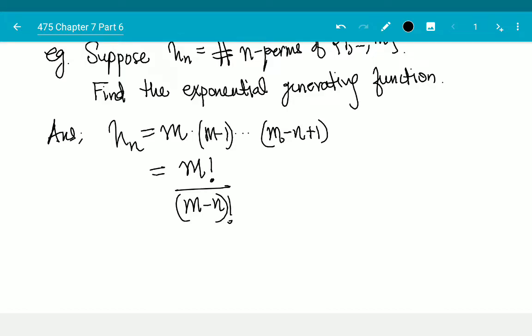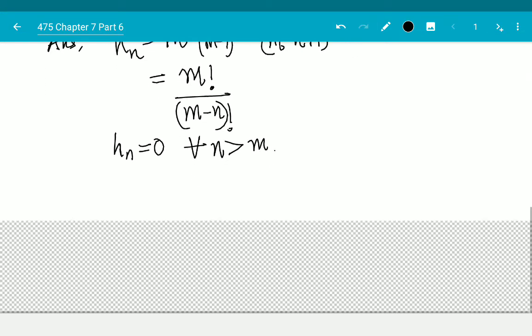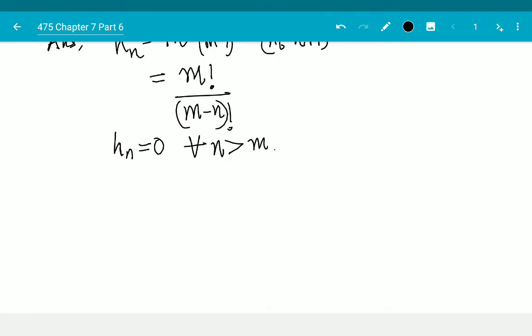Therefore, h_n is equal to 0 for every n greater than m. So it's a finite sum, not an infinite sum.